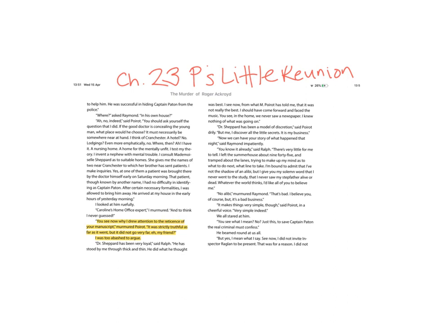Your manuscript was strictly truthful as far as it went, but it did not go very far, my friend. I was too abashed to argue. Okay, so we're seeing the calling out and the implied, slowly, gradually revealed understanding that Poirot knows who done it and who is the murderer.